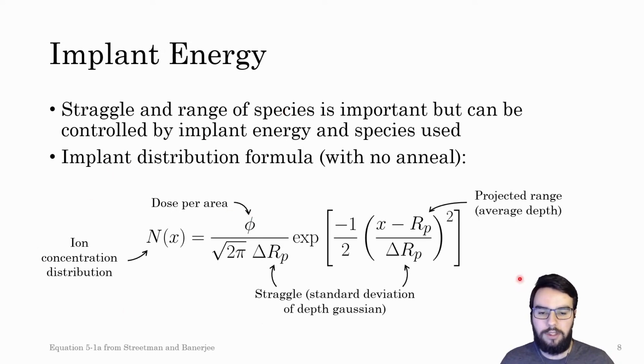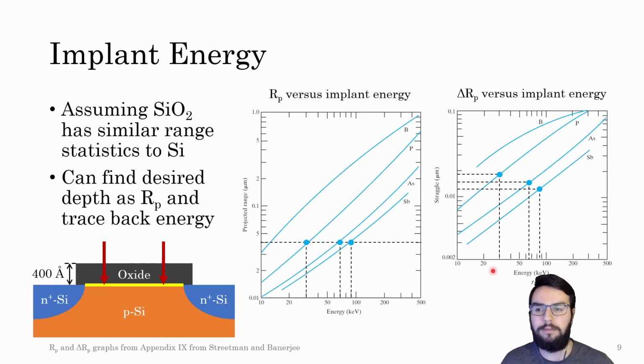So we can use this formula at the bottom, the ion concentration distribution, which is what the distribution is like in depth of this silicon substrate. Then we have the dose per area that we have to sub in, and we have straggle, which is the standard deviation of a Gaussian describing this distribution, and the projected range, which is the average depth at which these ions make it into the silicon.